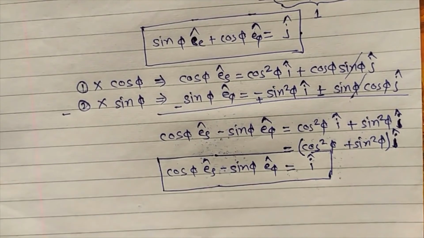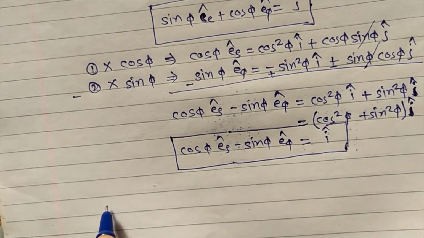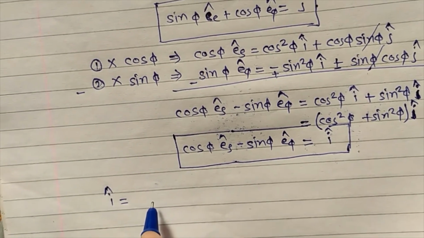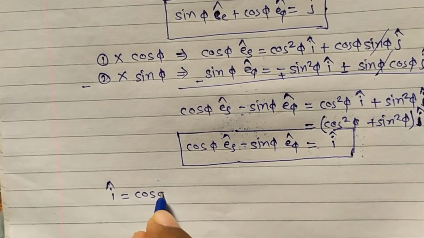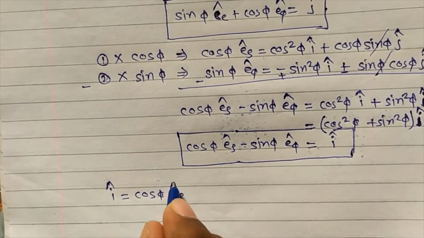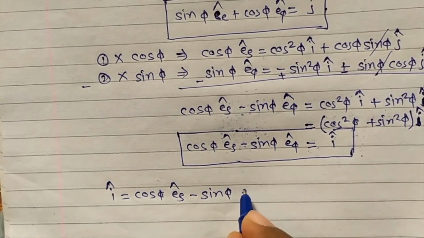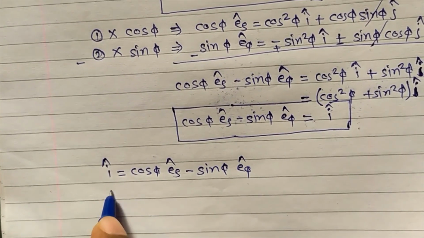So in this video we obtained 3 expressions. First for I cap, which is a unit vector in the Cartesian coordinate system. I obtained the expression for I cap, which is cos of phi e rho cap, here you can see, minus sine of phi e phi cap. Then I obtained the expression for j cap.